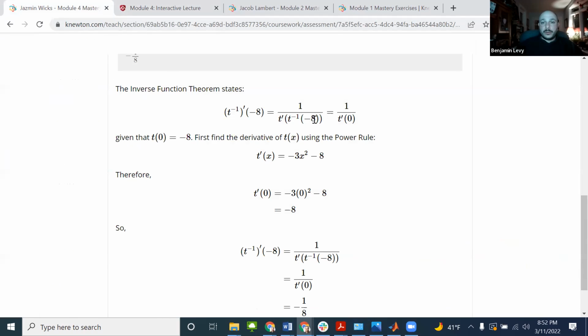And what we just wrote down was, since T of 0 equals 8, T inverse of 8 equals 0. So right here, this changed to 0. See that? Yeah.